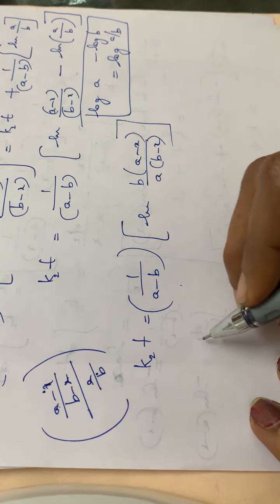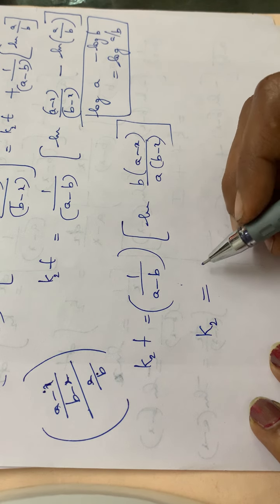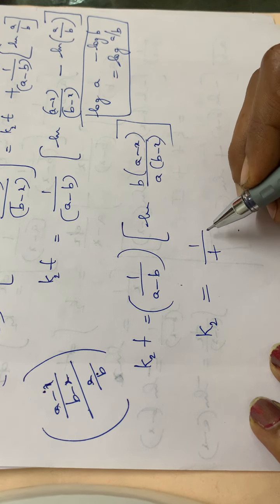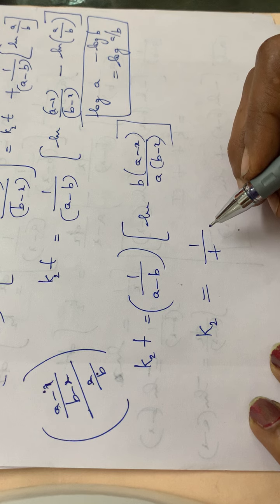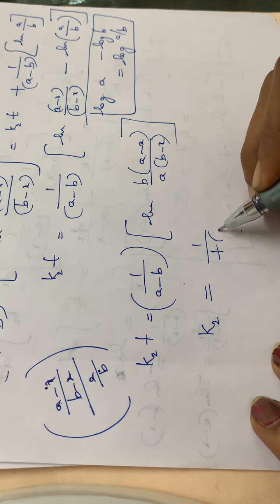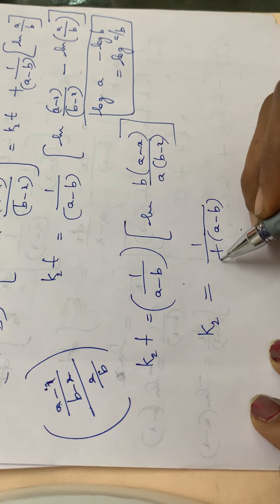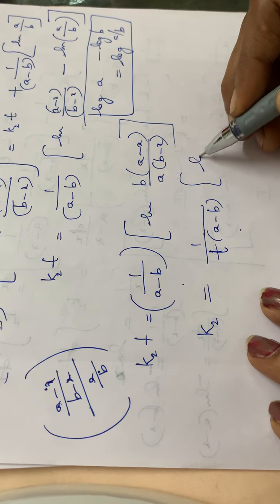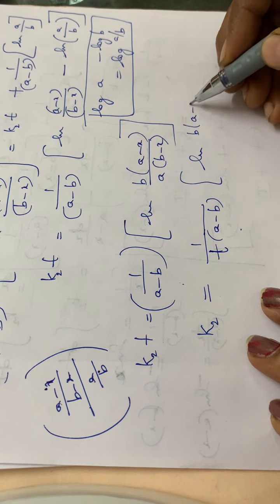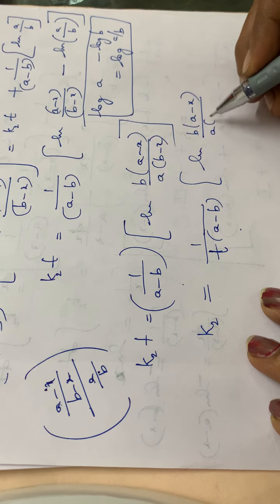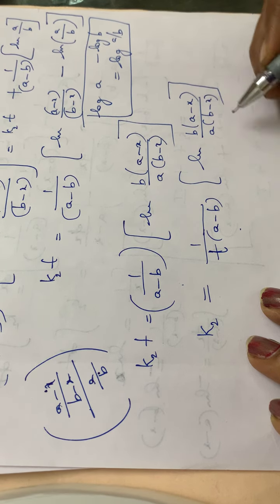Then what is k2? K2 is equal to 1 by t into a minus b into ln b into a minus x divided by a into b minus x.